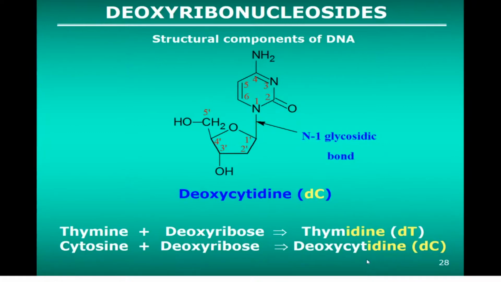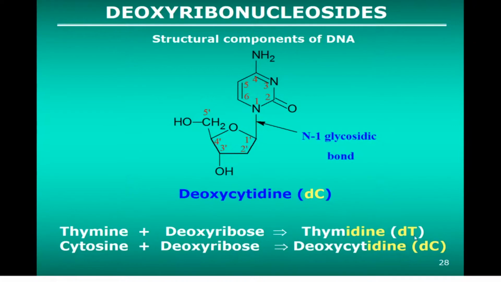So it can be cytidine or deoxycytidine, dC or C, but for thymine, as it is a structural component of DNA, it is not necessary to add the prefix deoxy. It's just thymidine, and when we hear or read this name, we understand it's a structural component of DNA because thymine is there as a major nitrogenous base.